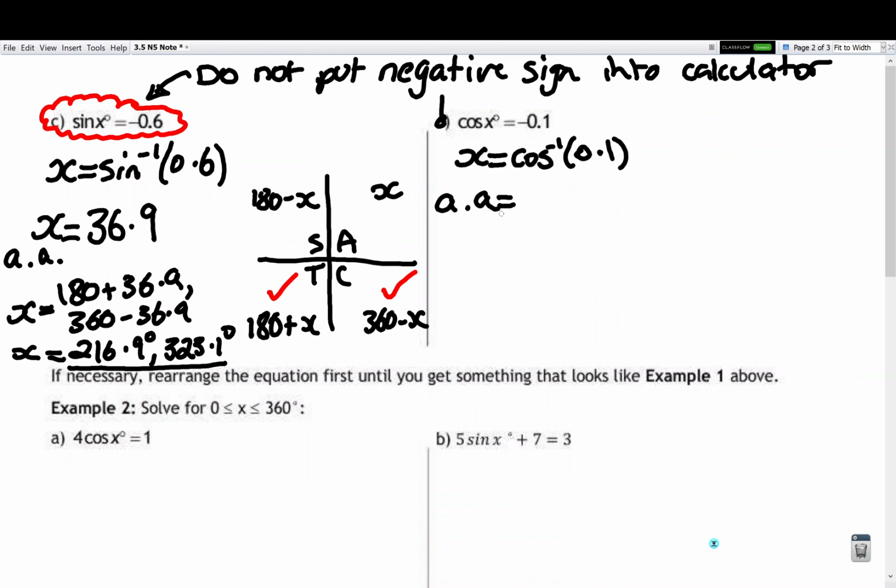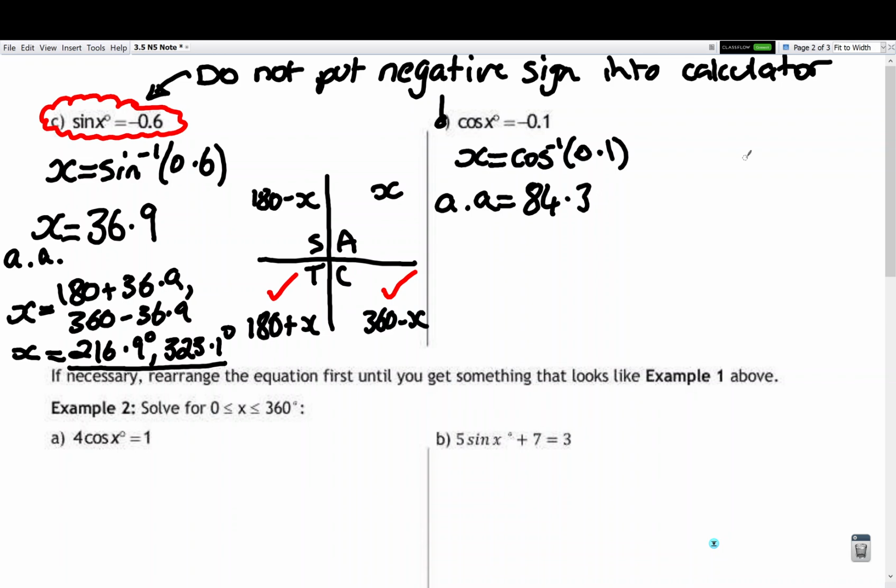So the acute angle is the inverse cosine of 0.1, which gives 84.3 if we round to one decimal place. We tend to round at this stage rather than writing out the full decimal and adding that to something. So the acute angle is 84.3.